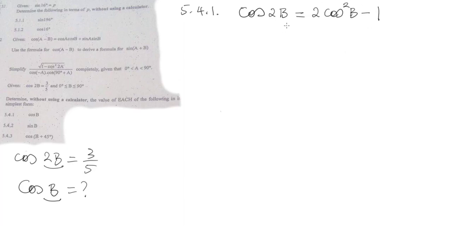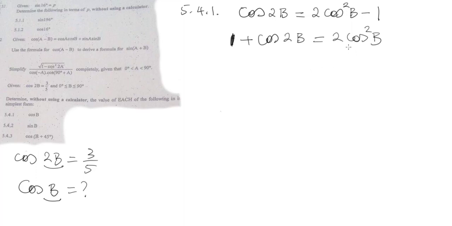So when we transpose 1, we'll have 1 plus cos 2b equal to 2 cos squared b.